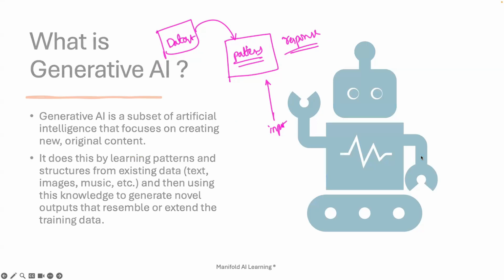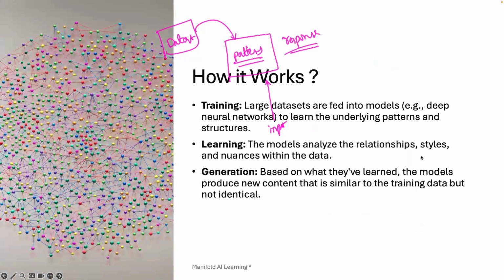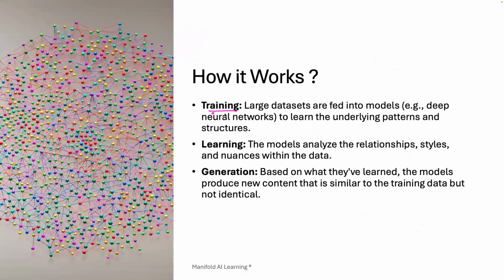Now, how does it work? Well, if I want to simplify it, it's a three-step approach. The first step is called training. In this first step, we make use of a very large data set, and we send that very large data set into the models that we have.